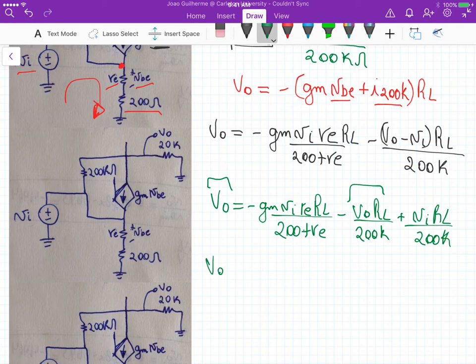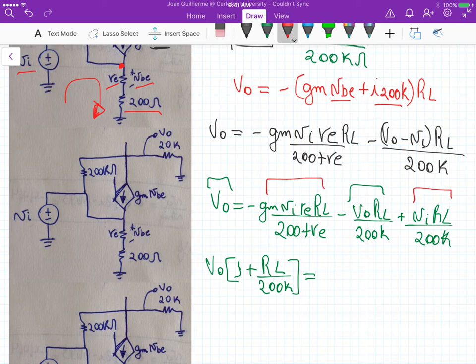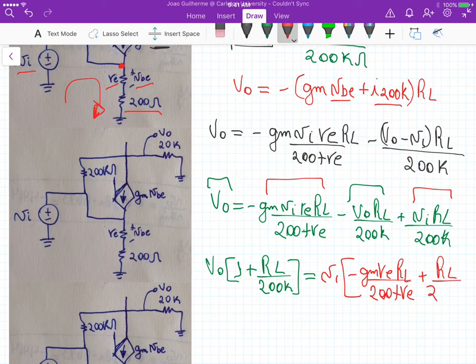It gives us V naught times 1 plus RL over 200k, and that's equal to VI times, the first term being minus gm re RL over 200 plus re, plus RL divided by 200k.